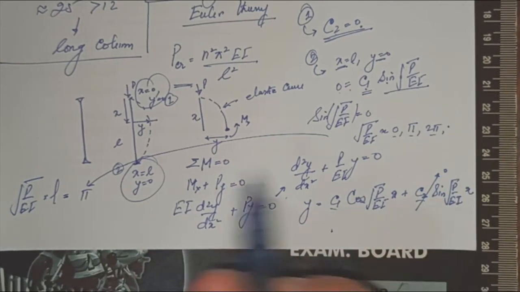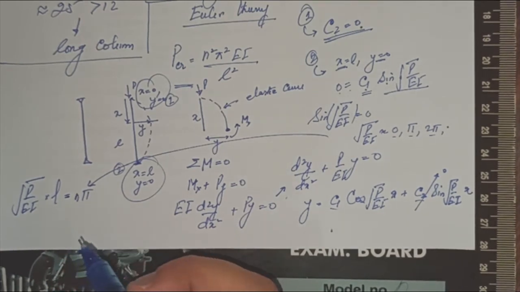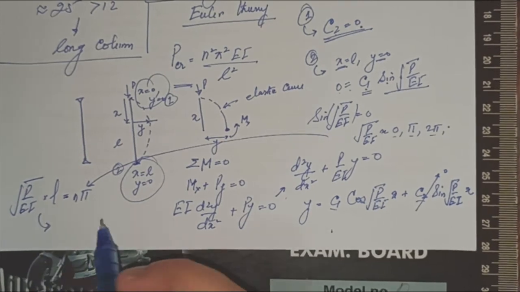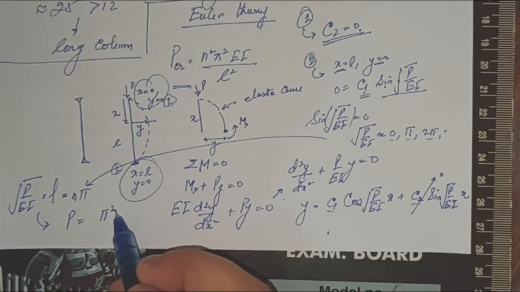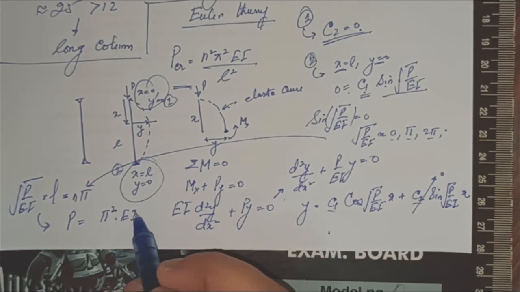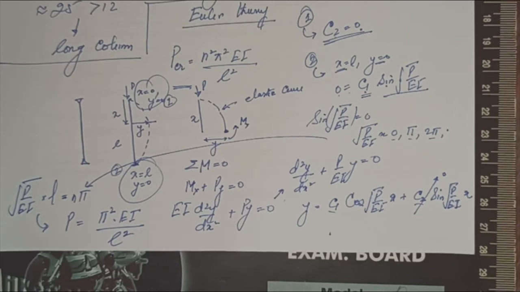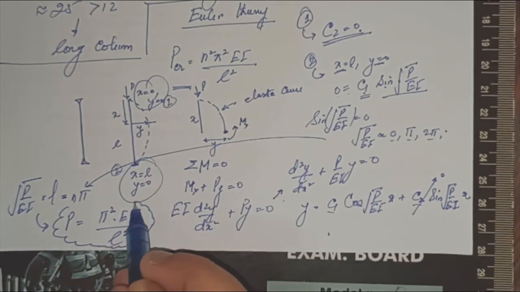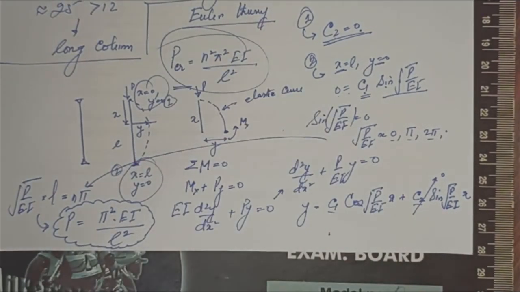From this we can obtain the expression for P, the critical load, which is equal to pi square EI upon L square. This becomes my critical load that I have explained here.